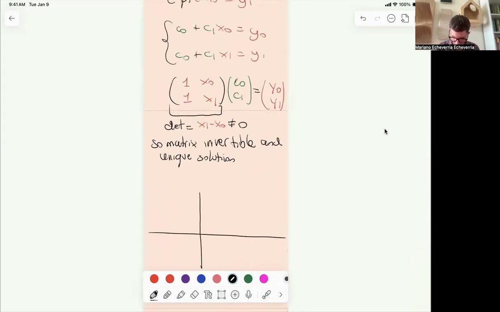If you think about it now from the parabola perspective, how many things do I not know? I don't know three parameters, or three unknowns, right? I don't know C0, I don't know C1, I don't know C2.